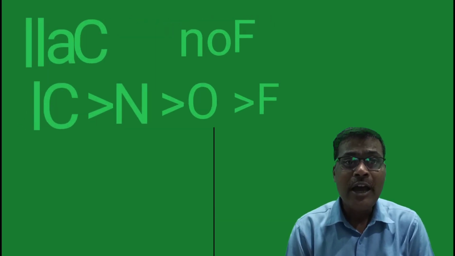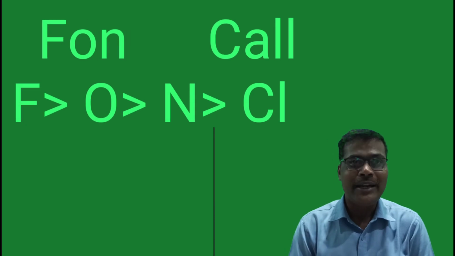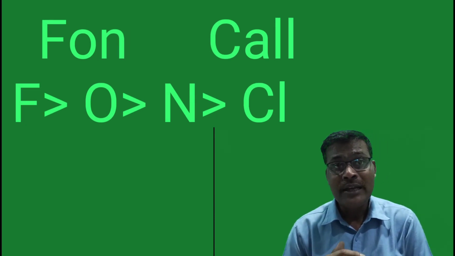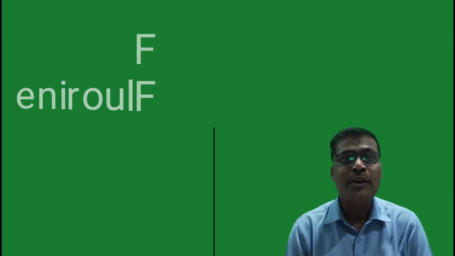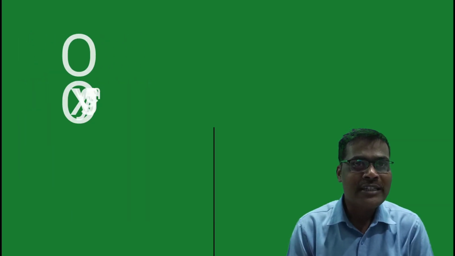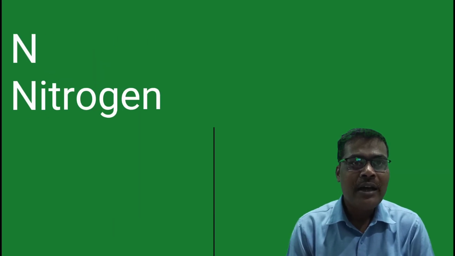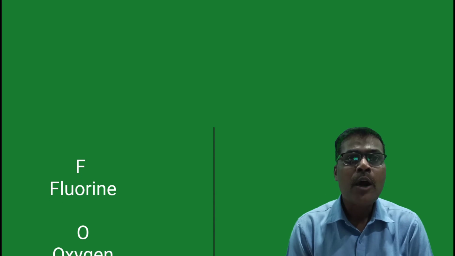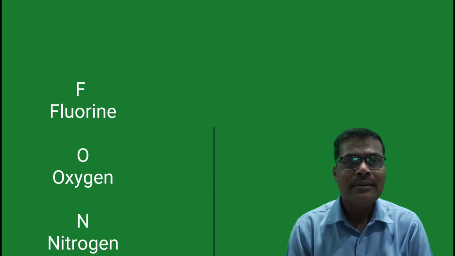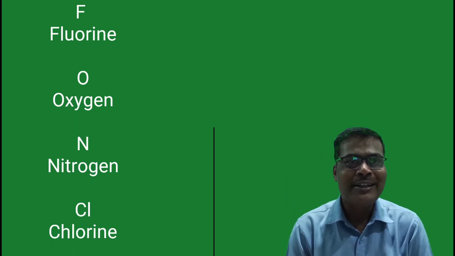The elements coming out of this trick are F for fluorine, O for oxygen, N for nitrogen, and CALL, that is Cl, chlorine. So the decreasing order of electronegativity from fluorine to chlorine is F, O, N and then Cl. Phone call.